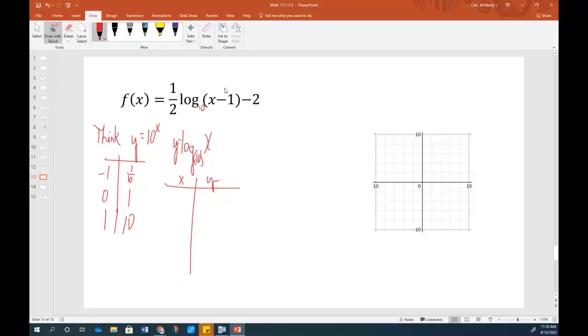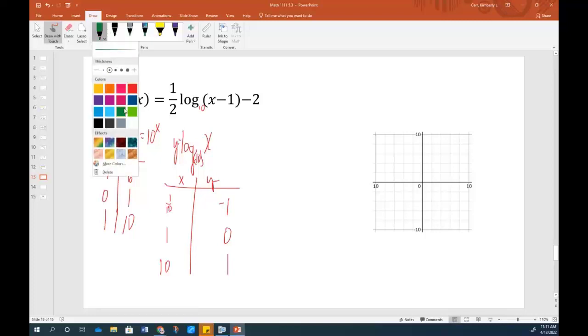So first of all, just the reverse, I can have 1/10, -1; 1, 0; and 10, 1. So now let's look at what we can do for some of the other things going on.